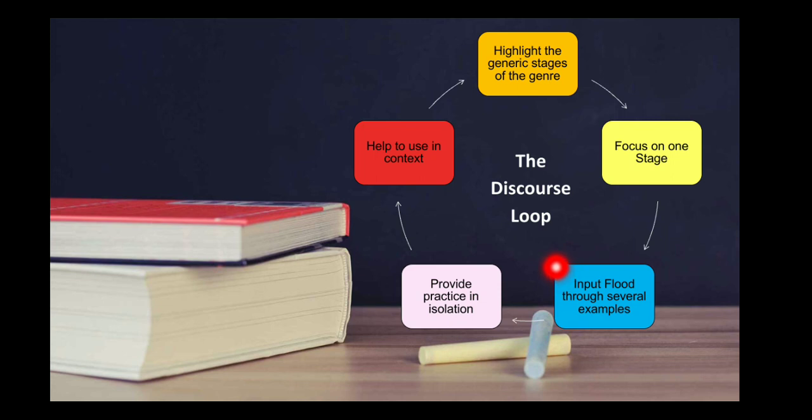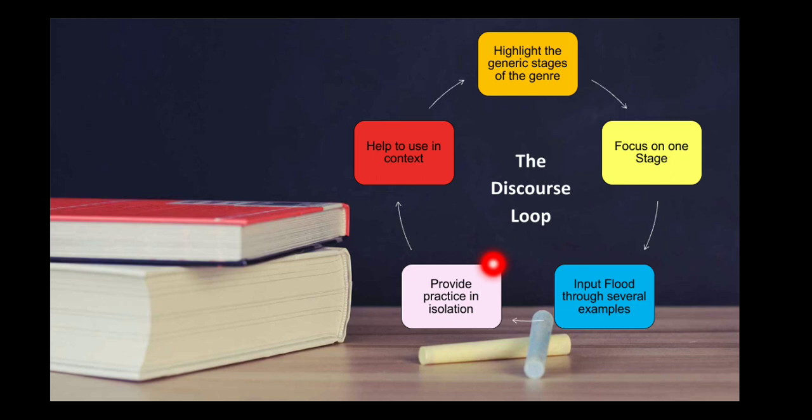And again, if you are working on the beginning of the stories, you are going to give them input floods through several examples. They can go to the library and gather examples, or you bring several examples to class. And then they study and analyze and see how many different kinds of story beginnings there can be. Provide practice in isolation.